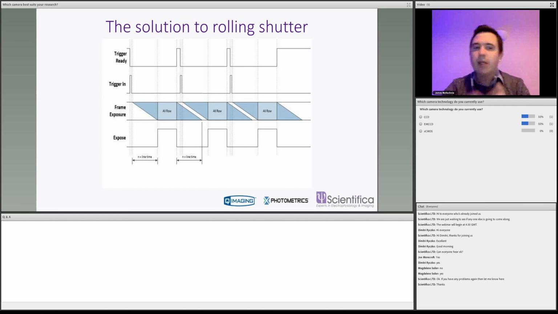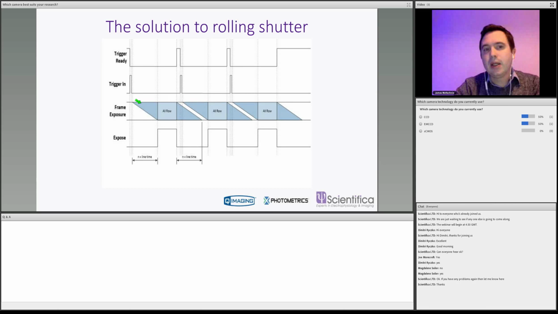Well, if we ask the camera to expose for 15 milliseconds per row, what you'll find is that in the first 10 milliseconds, we're rolling down the sensor, which we can see on this area here. But this row still has only exposed for 10 milliseconds. So it needs to expose for another 5.